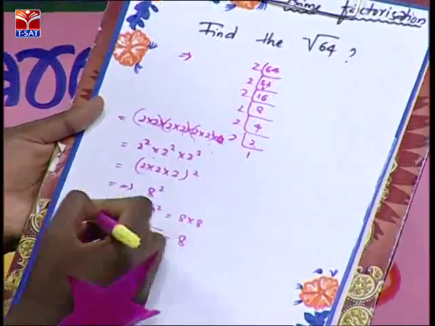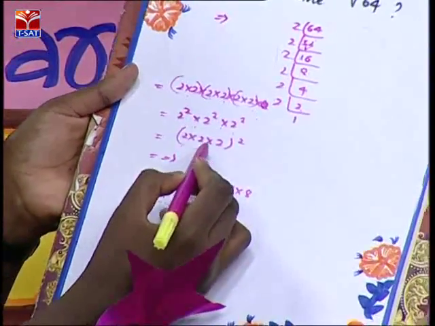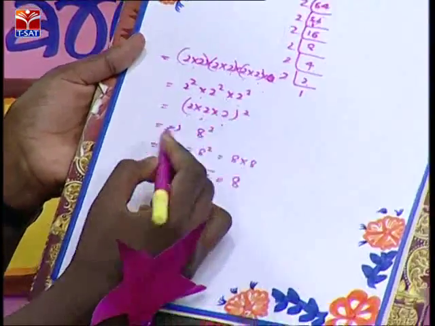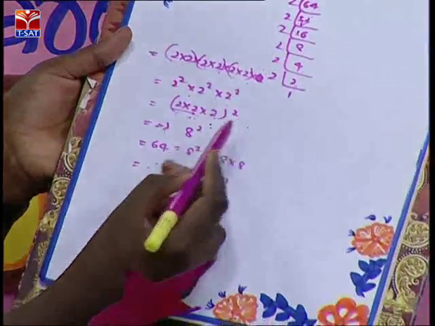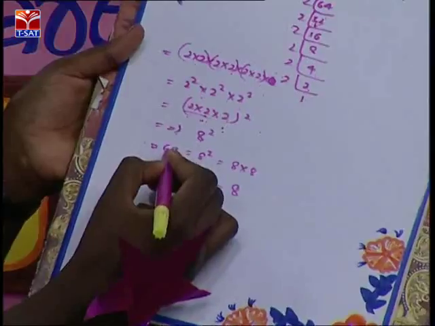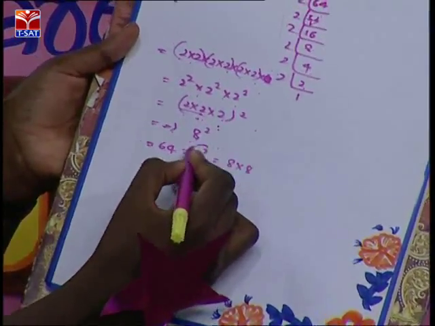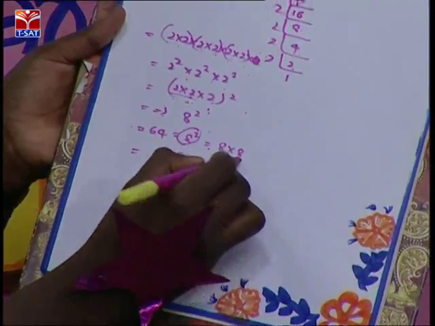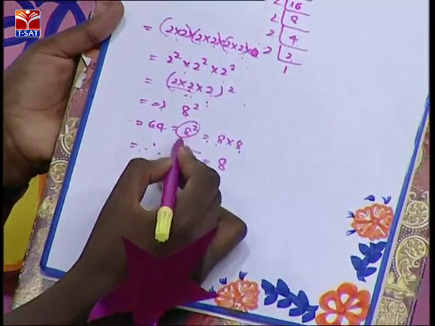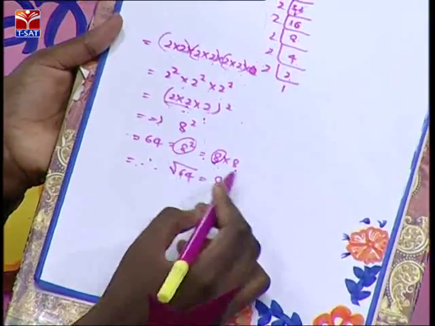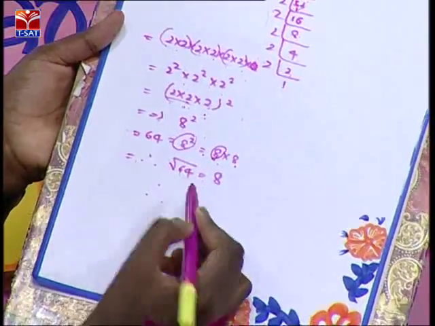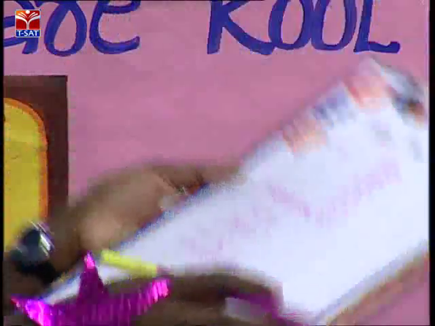And it can also be written as 2 into 2, 2 into 2 whole square is equal to 8 square. 2 2s are 4 and 4 2s are 8. 64 is equal to 8 square, and 8 square is also written as 8 into 8. Therefore, the square root of 64 is equal to one of the factors, that is 8. Therefore, the square root of 64 is equal to 8.